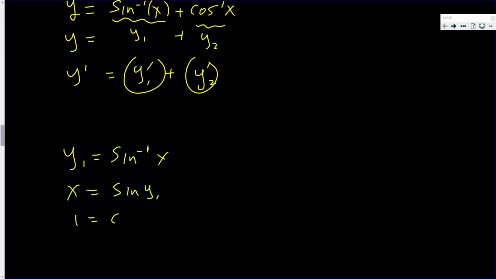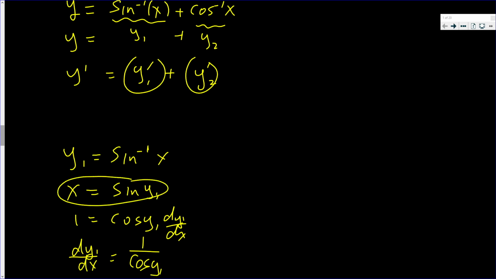The derivative, so dy1 dx is 1 over cosine of y1. Well, we use this equation to learn that the sine of y1 is opposite over adjacent.